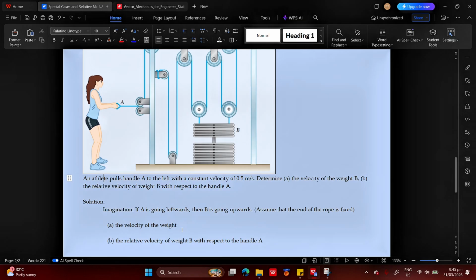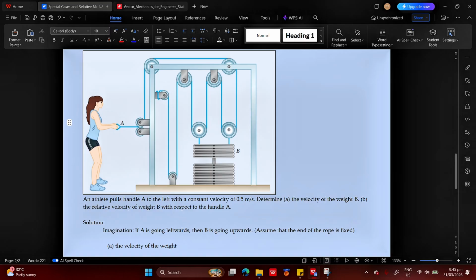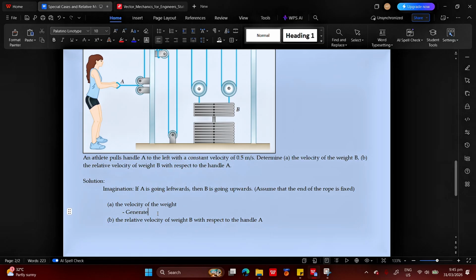So how do we do it? We need to generate an equation again based on the rope length condition.